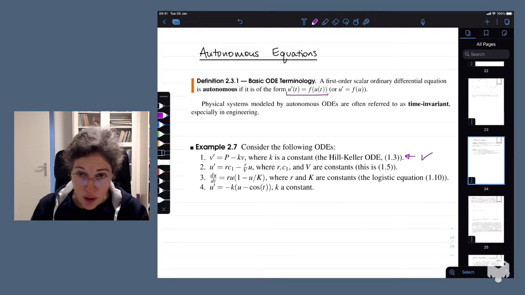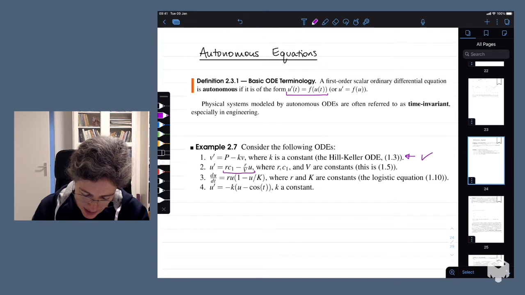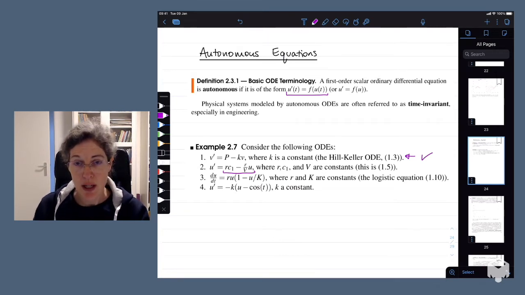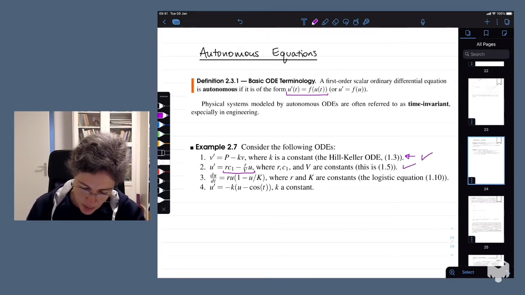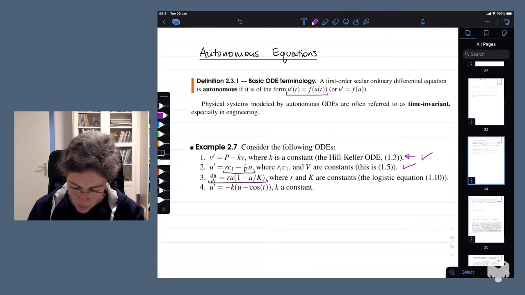If we have a look at this bunny over here, again, looking at the right-hand side, no t's, only u's. So that's also autonomous. This equation over here, which we will encounter at some point, is called a logistic equation. And again, you can go back and read the introduction if you want to find out a little bit more about it.